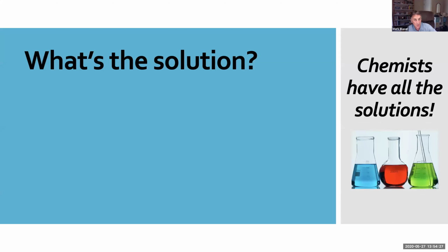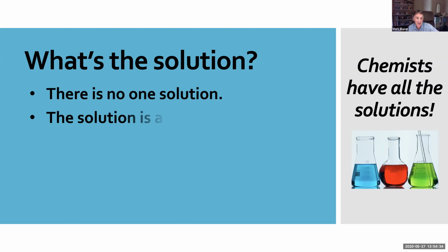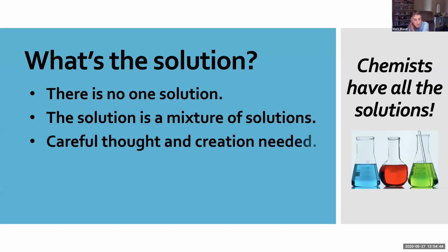So almost done. What's the solution? Because of course, chemists have all the solutions. And I don't think there's one solution. Probably the solution is a mixture of solutions with several bad embedded chemistry puns in there. I think with time to think things through and prepare, we definitely need to think about what we're doing and why, what are the learning objectives, which type of approach is best for a given situation.